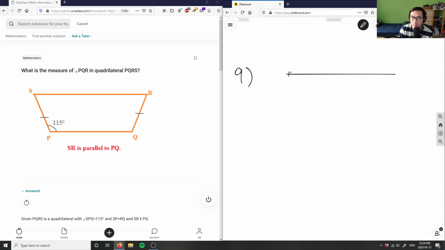I have a line here. Another line here. Line here. Okay, so I have some type of quadrilateral. This here is S, R, P, Q, and these sides are parallel, or SR is parallel to this, but these two sides are the same length here. So this is 115 here.